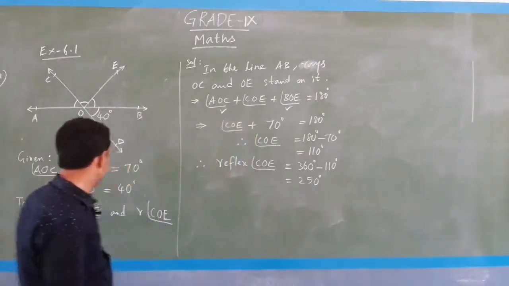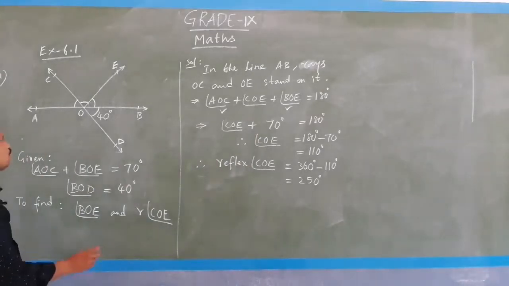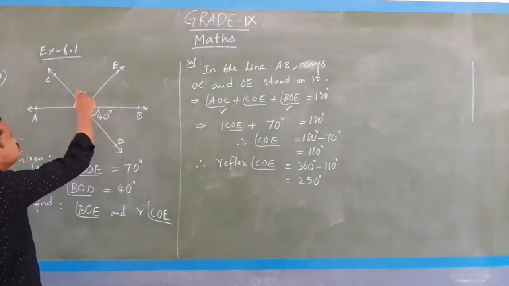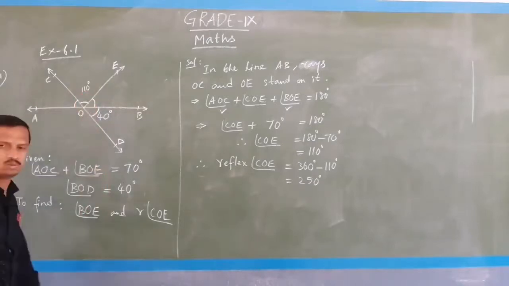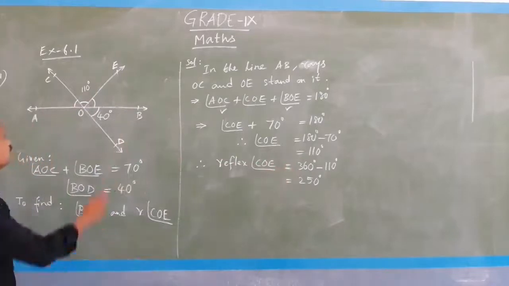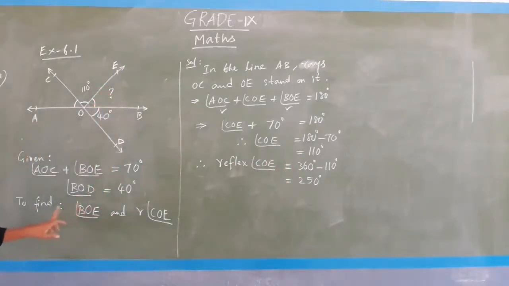And now BOE angle you have to find. Okay, you see, now we got COE, this is 110. Yes or no? This is 110. Now we got angle COE is 110, and we need BOE. This is what we needed. Yes or no? To find BOE.